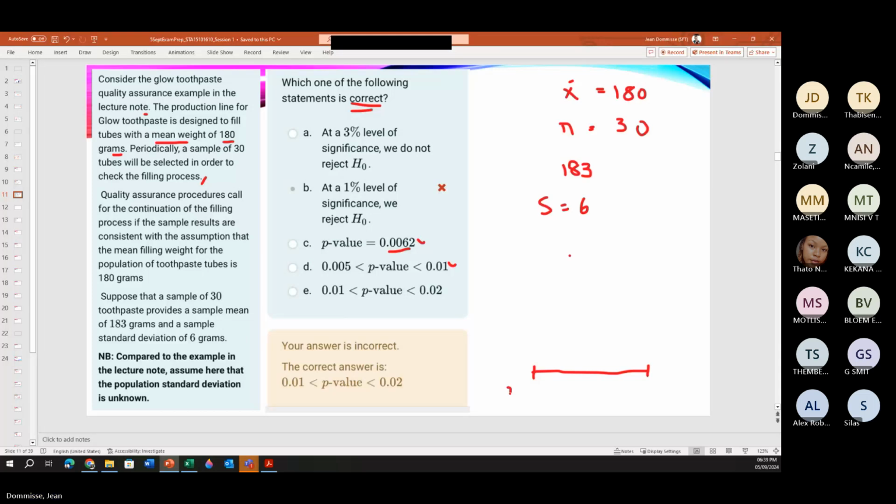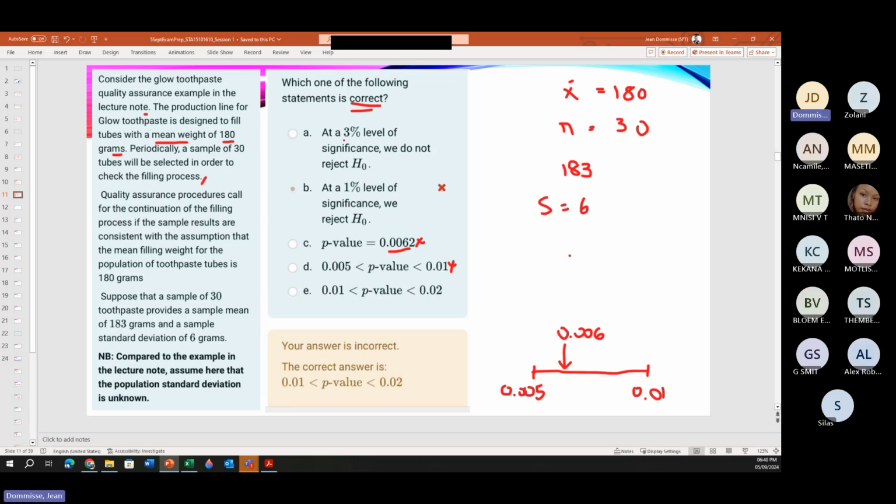There's 0.005, then you have your 0.0062, and there you have your 0.01. Okay, so that means both of them are correct. So I would then say both of them are incorrect, because you can't have both of them correct.